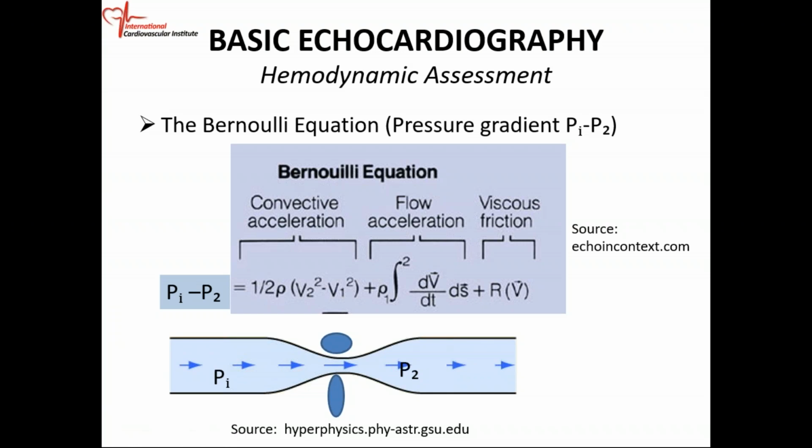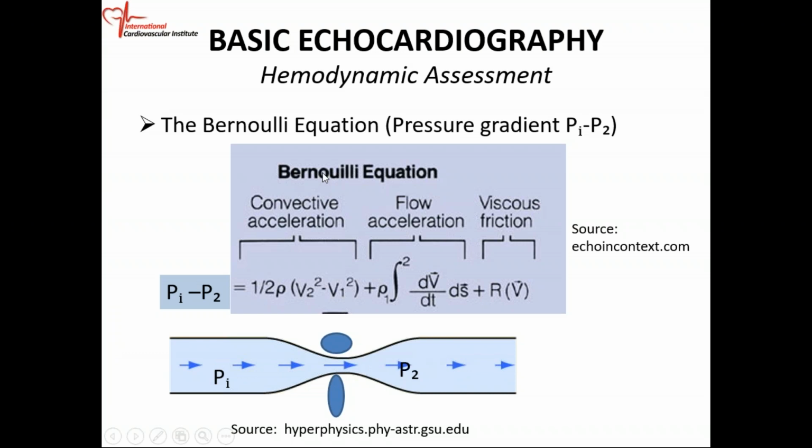However, if there is a difference in the pressure, then you'll get movement from the high pressure zone to the low pressure area. So the pressure here has to be greater than the pressure there. The difference in pressure is what we call the gradient.